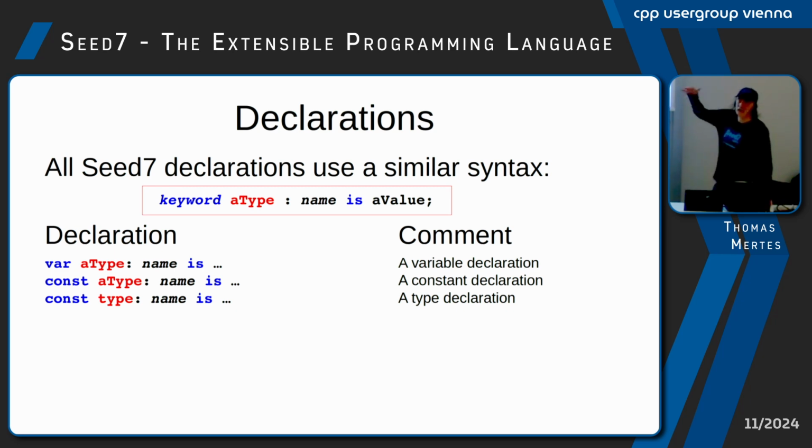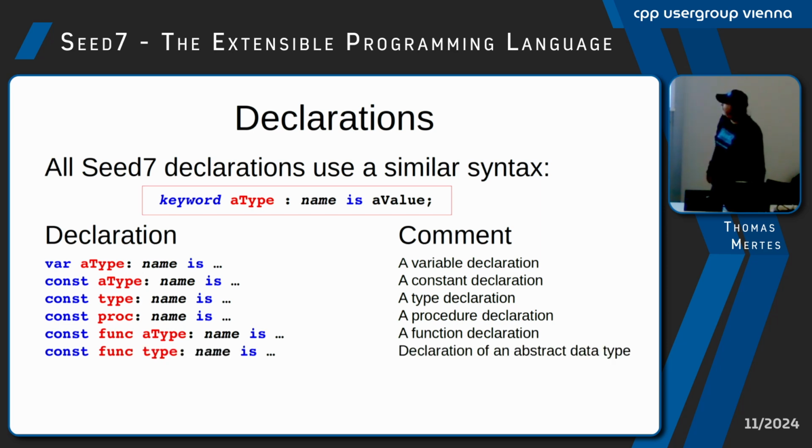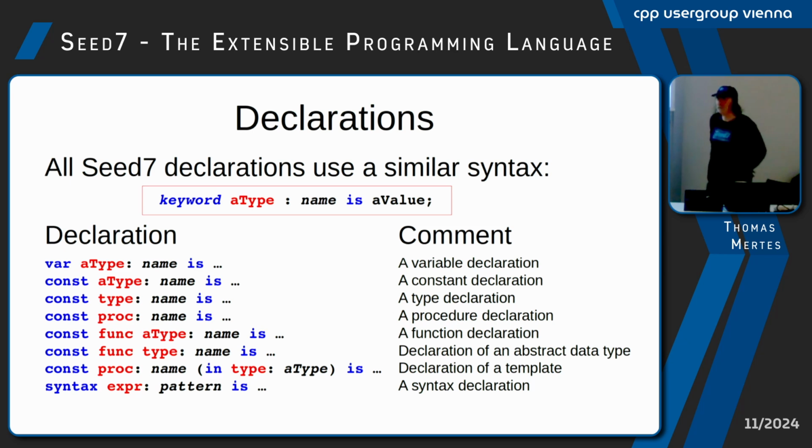Before it was a type, so some type like integer and so on. Now if you write type, you have a type declaration. And procedure declarations or function declarations all look the same, and with the type in front, you can always recognize what is going on. And of course, there are also abstract data types and templates, and even the syntax declaration uses also this form of declaration.